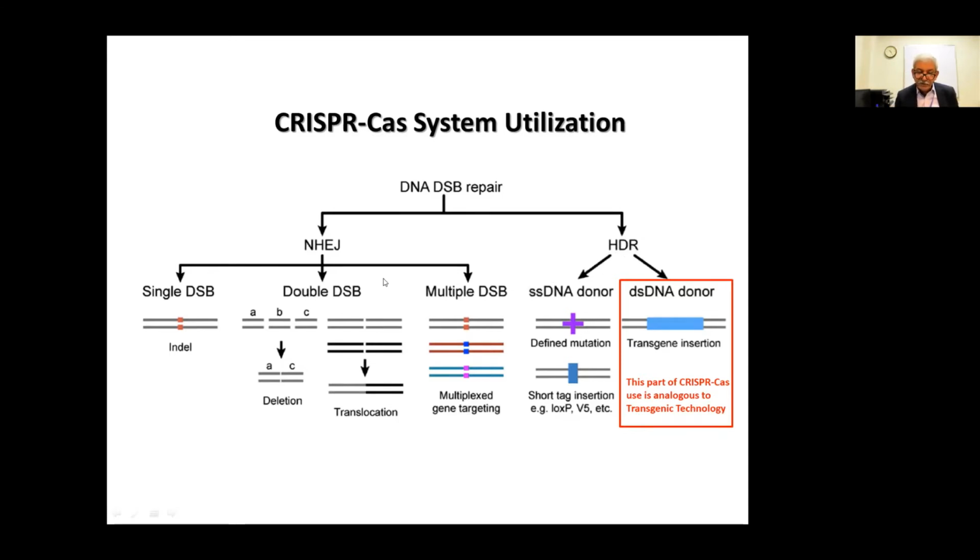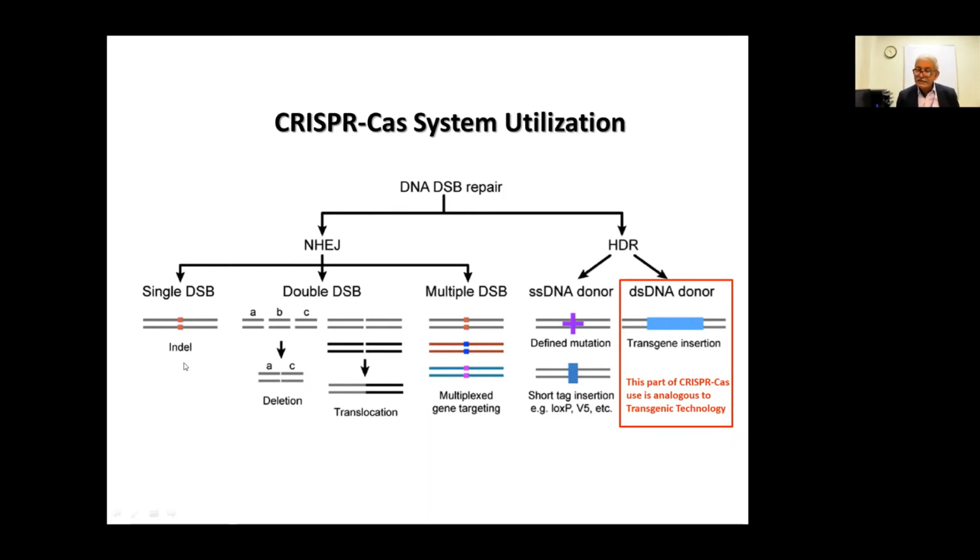Okay. If you produce blunt ends or non-cohesive ends, or the ends which are non-complementary to each other, then you go for non-homologous end joining. Okay, and what this part does is it produces indels.